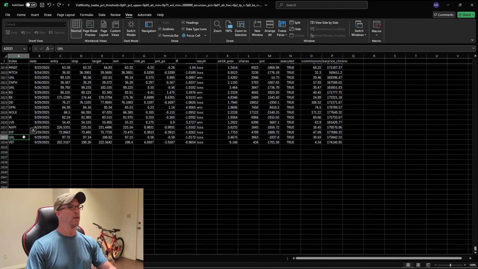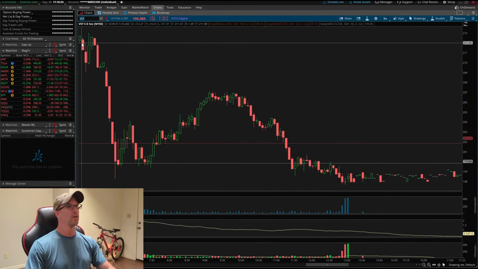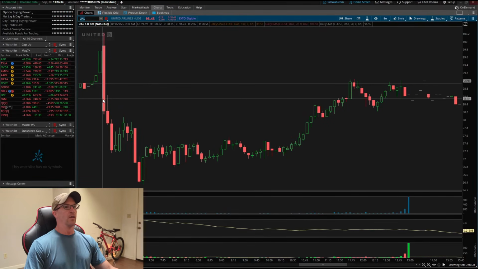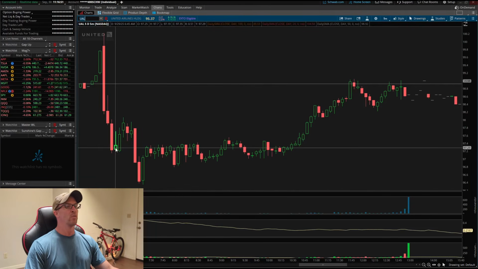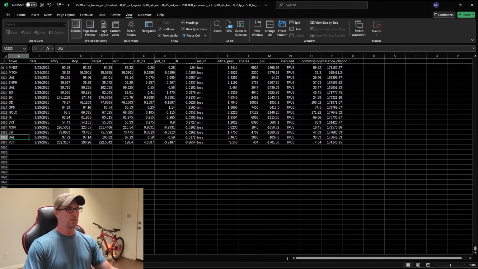Let's take a look at UAL. Okay, this one looks a little bit nicer off the bat, right? It's got a nice fade right here. This is the opening candle. Then you've got a couple other red candles there, and my guess is, I haven't looked at the numbers yet, but I'm guessing our entry is going to be around 97.72.